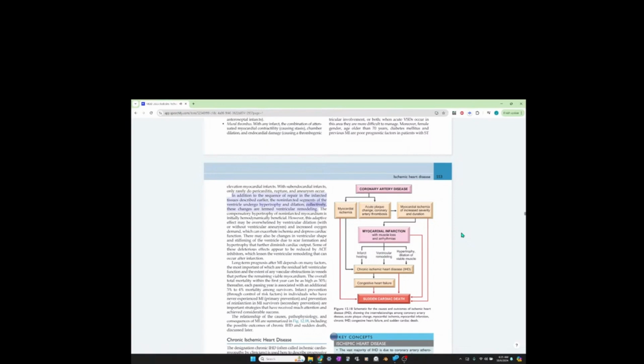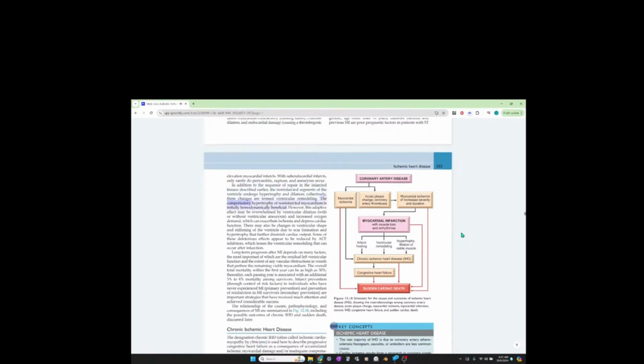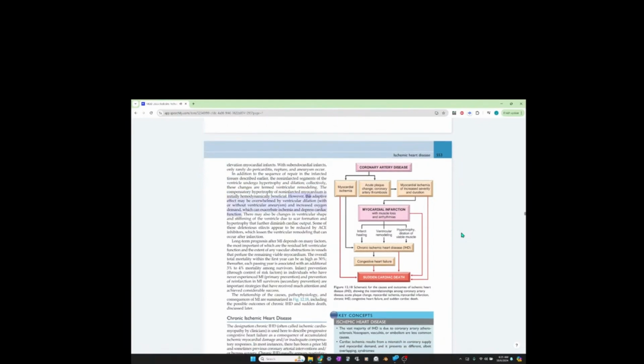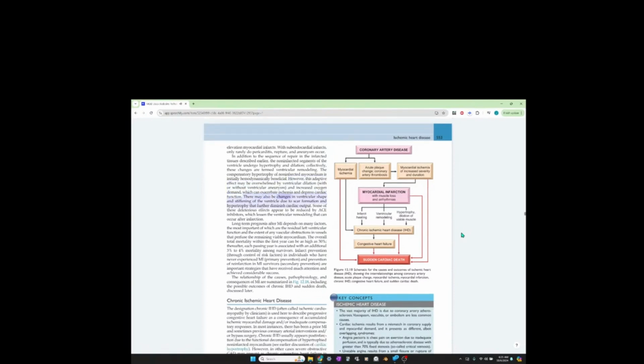Collectively, these changes are termed ventricular remodeling. The compensatory hypertrophy of non-infarcted myocardium is initially hemodynamically beneficial. However, this adaptive effect may be overwhelmed by ventricular dilation and increased oxygen demand, which can exacerbate ischemia and depress cardiac function. There may also be changes in ventricular shape and stiffening of the ventricle due to scar formation and hypertrophy that further diminish cardiac output.